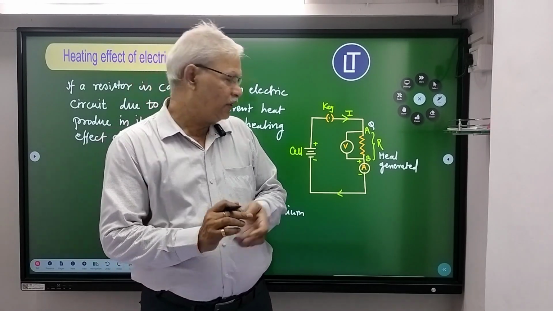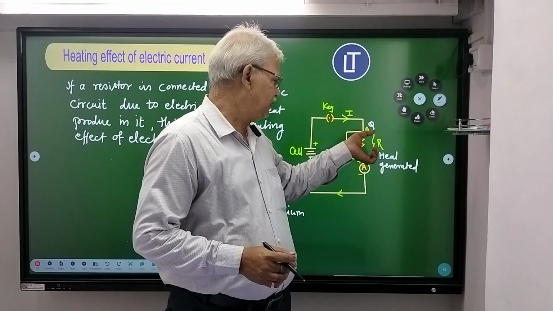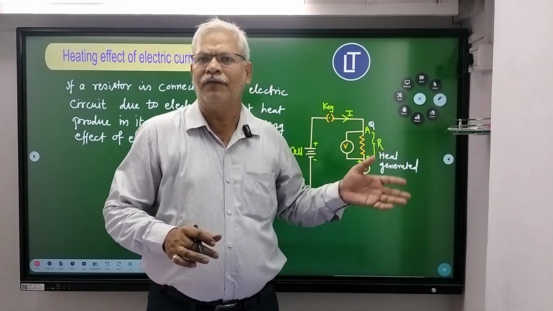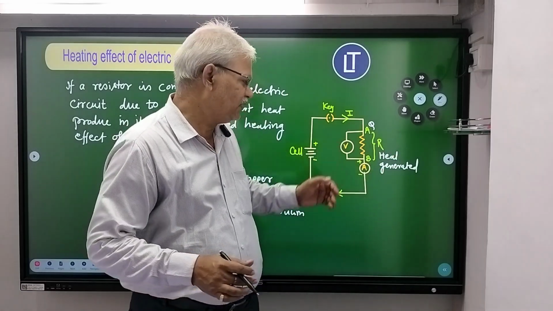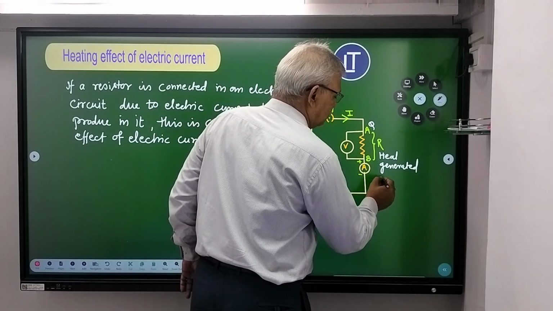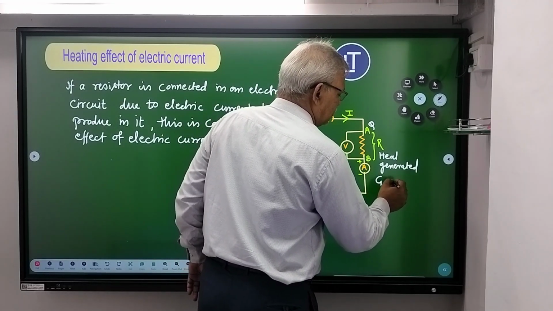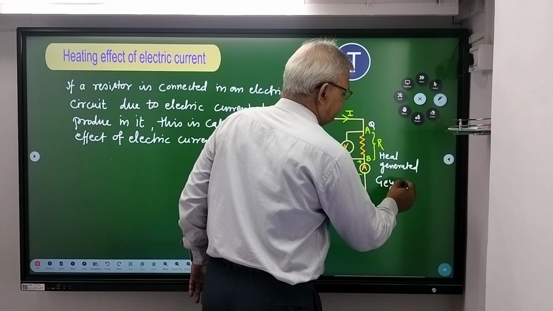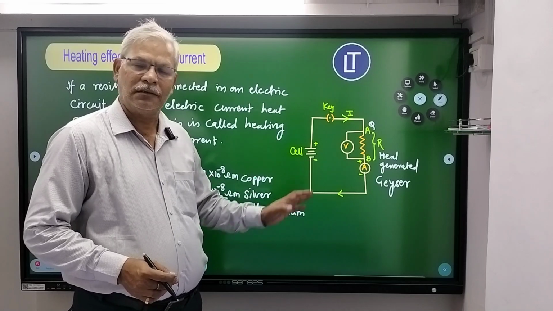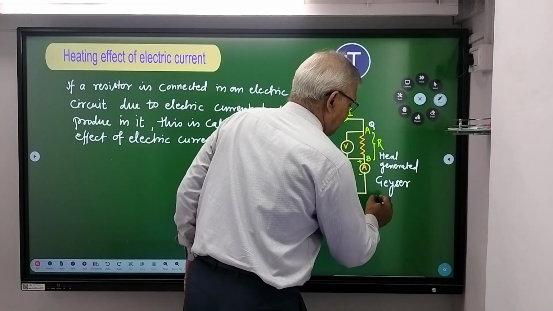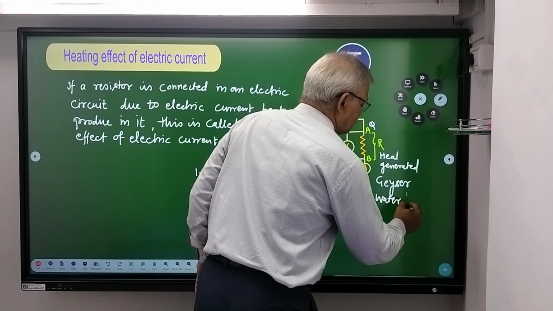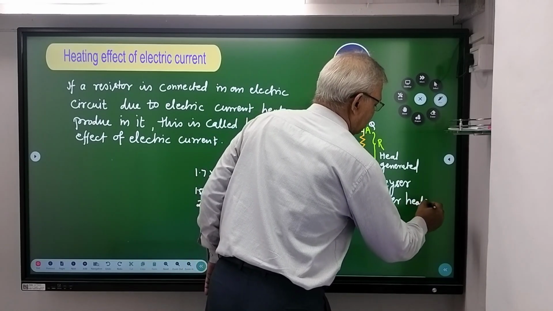Okay, now see what a resistance means. A geyser that you are using is a resistor. A water heater is a resistor.